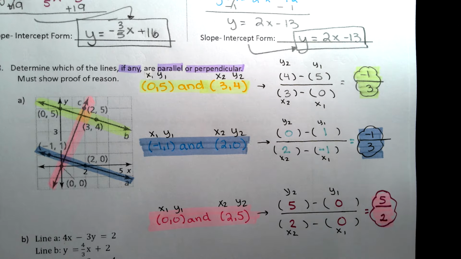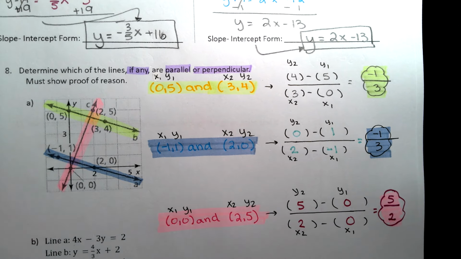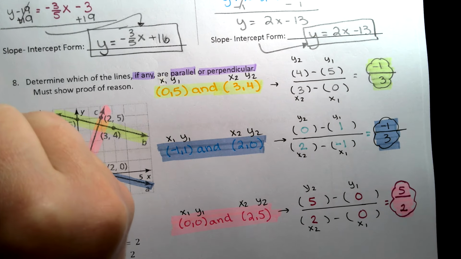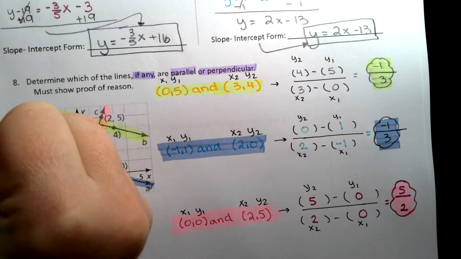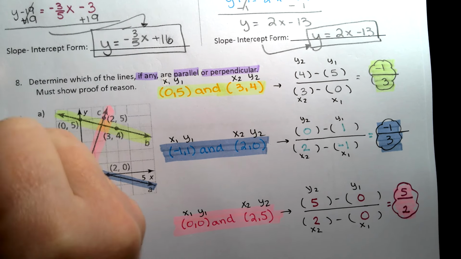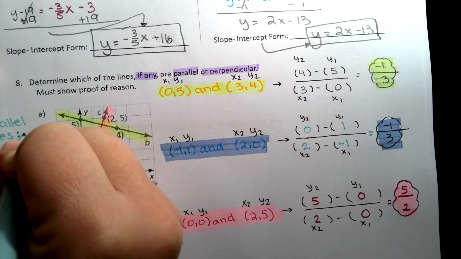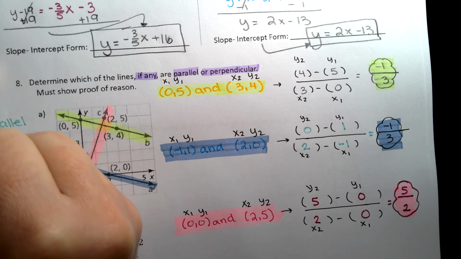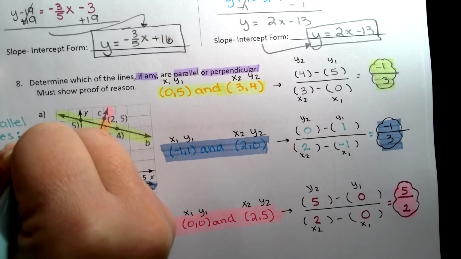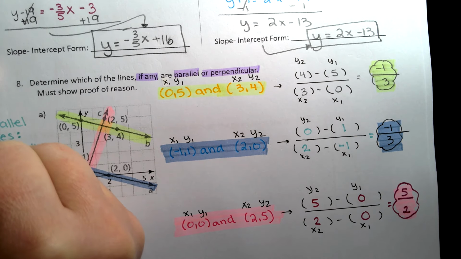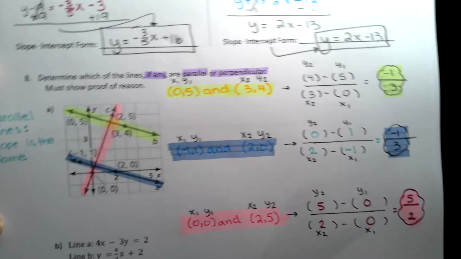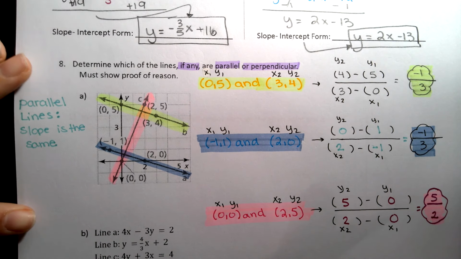So for parallel lines, slopes are identical, okay? Parallel lines means slope is the same. Parallel lines, slope is the same.